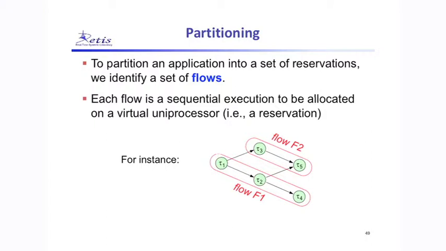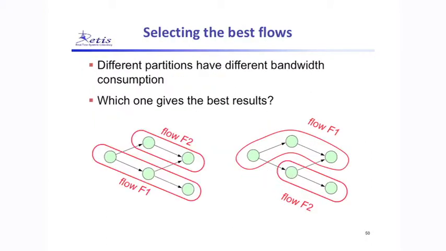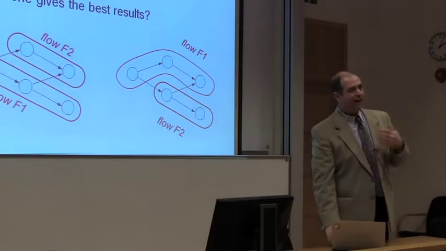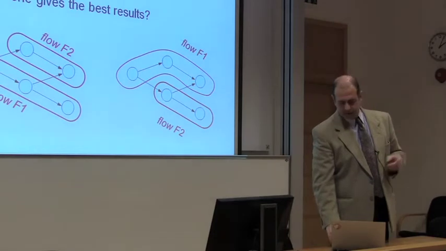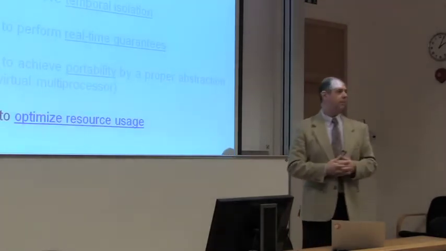And this is a possibility. But I can also choose another possibility here, and depending on the way I allocate, of course I consume more or less resources in total. So if I want to optimize the amount of bandwidth which I consume in total, this becomes a very complex problem.